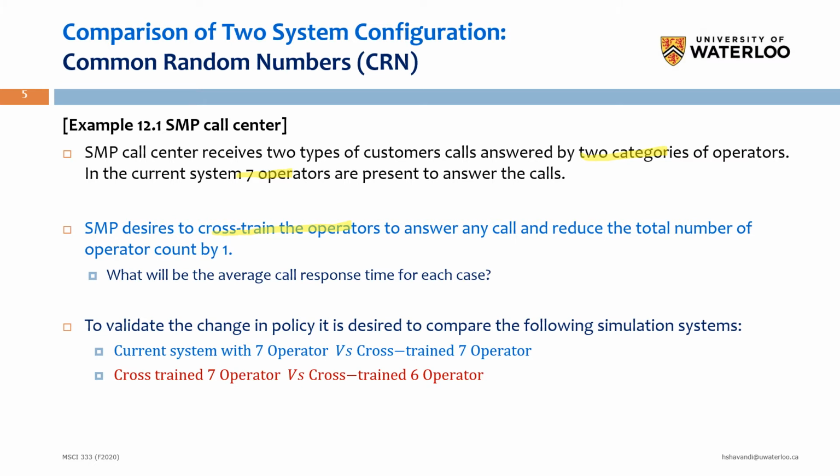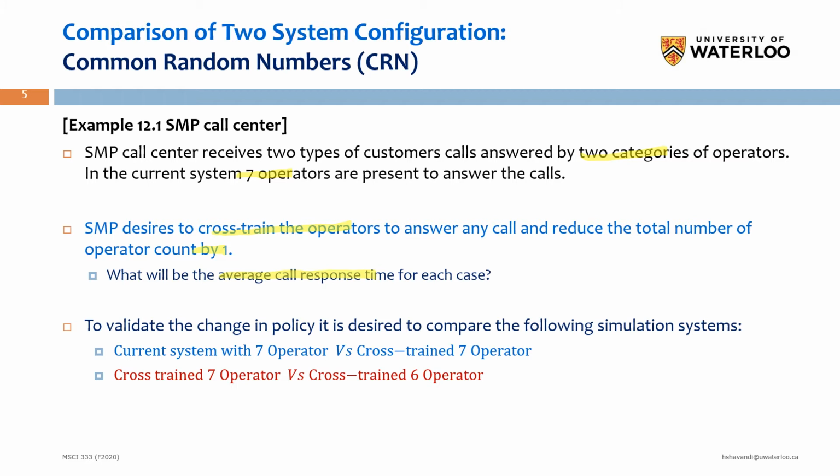They think that by doing that, they can reduce the number of operators by 1. So they want to see the impact of this change on the system in terms of average call response time.